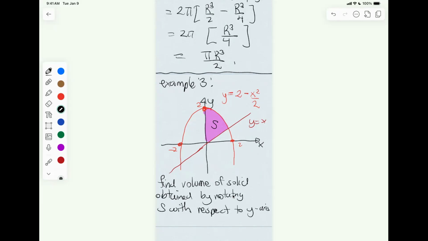And that one can be harder to visualize if you try to imagine spinning this with respect to the y-axis and see what you would get. It's the more interesting shape.